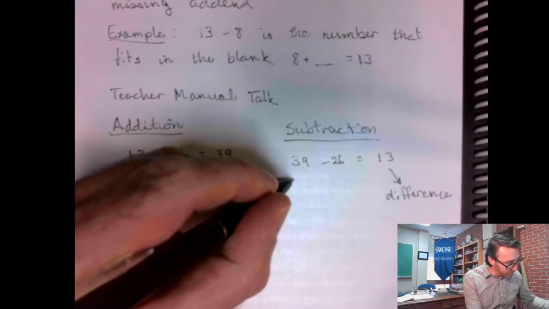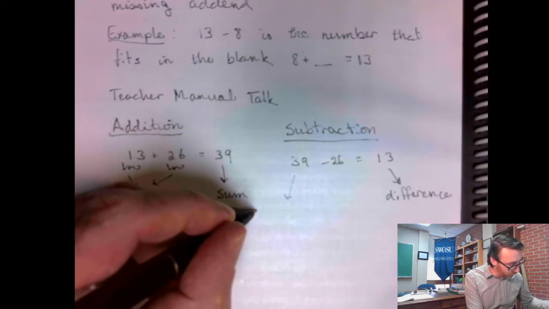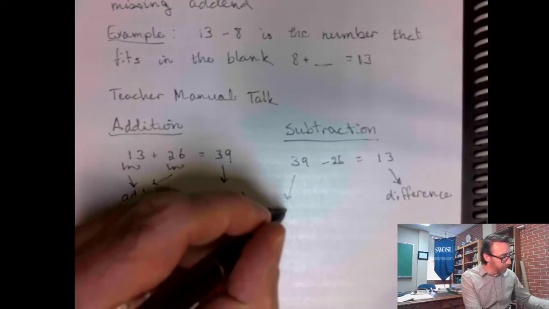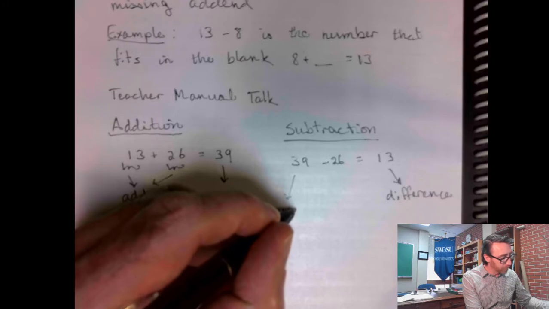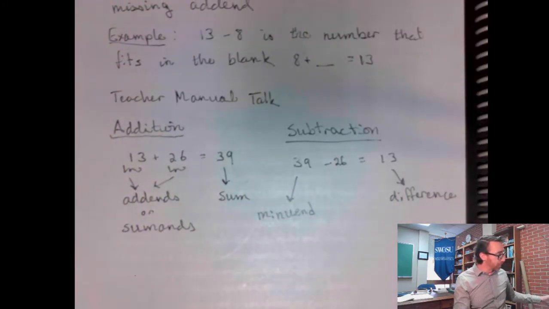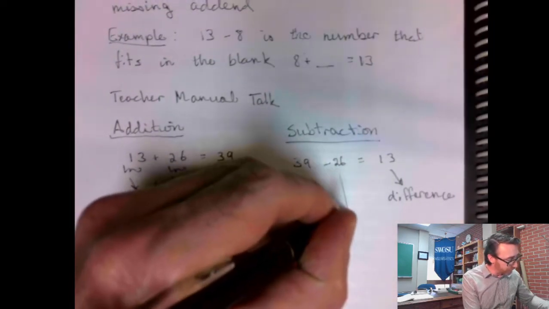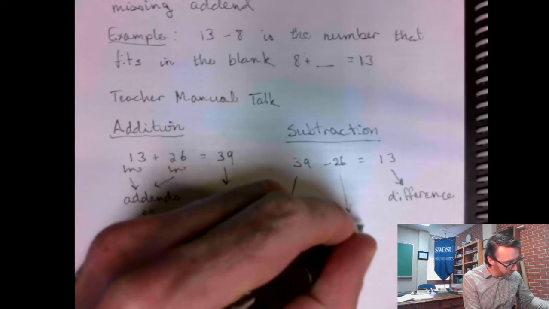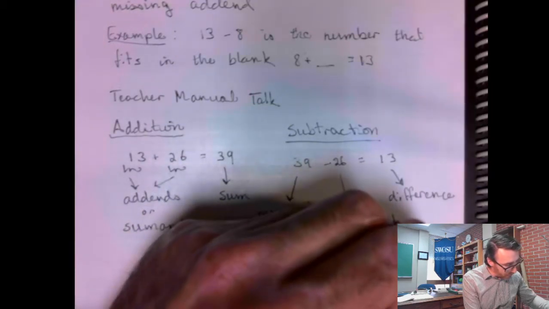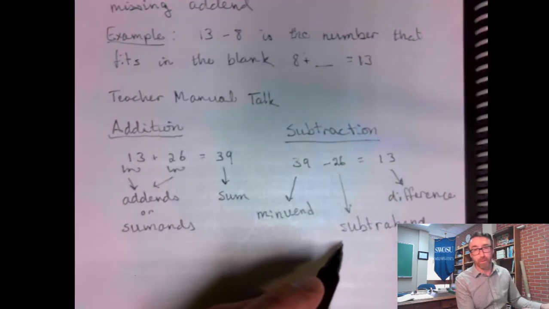These two have different names. This is called the minuend, and this is called the subtrahend, the number being subtracted.